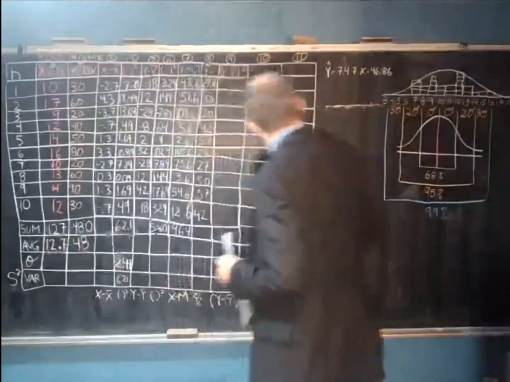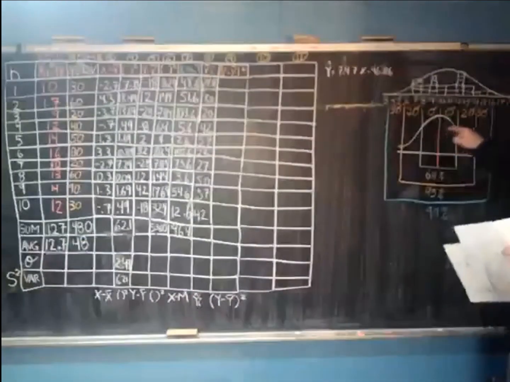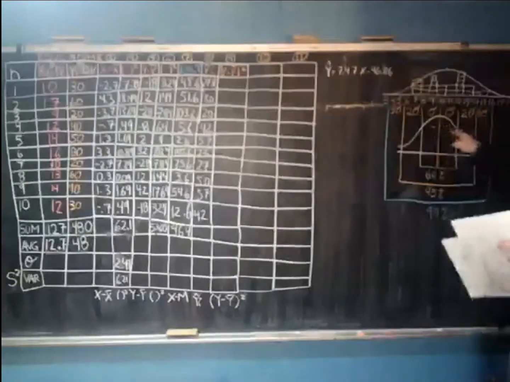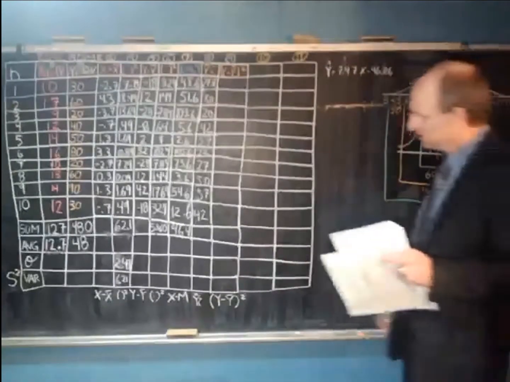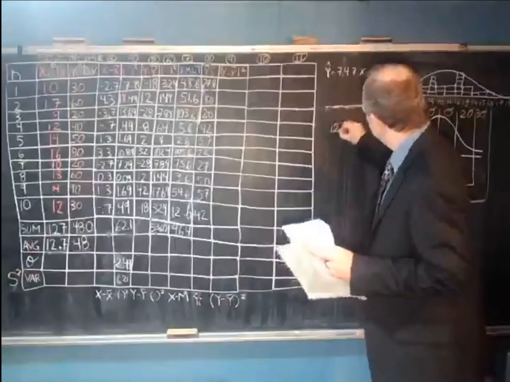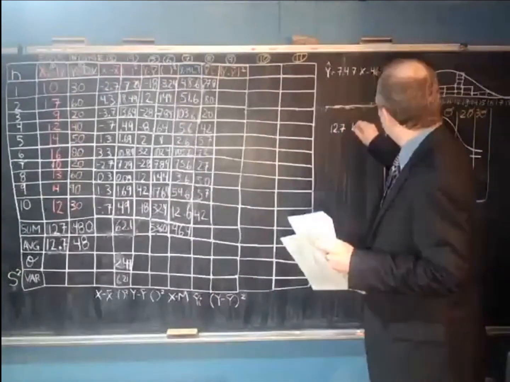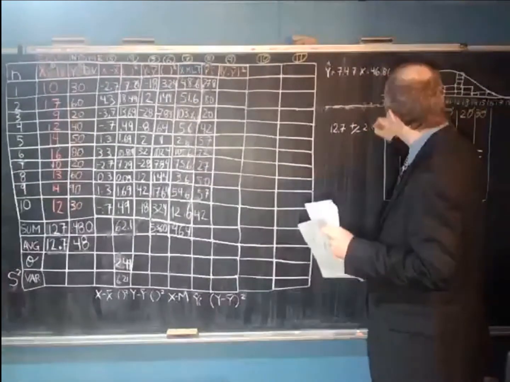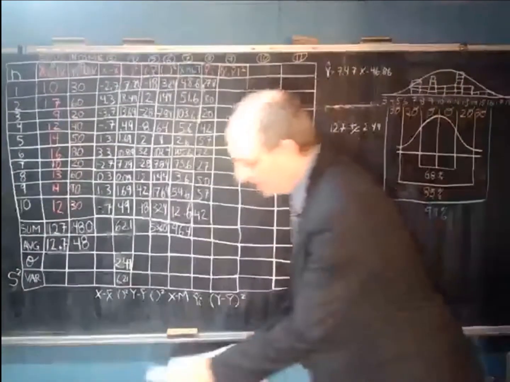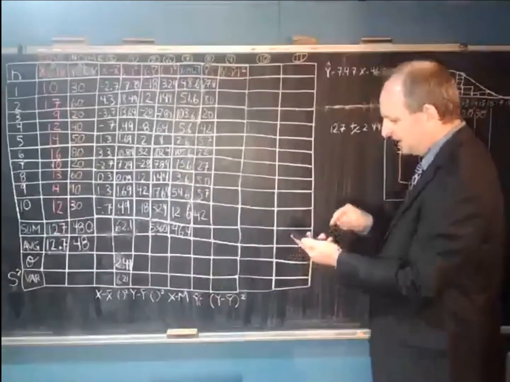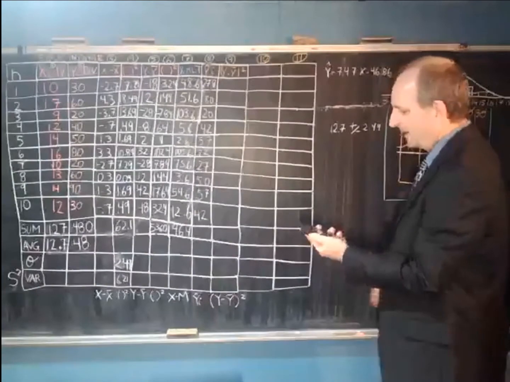So we know that the average time spent in school is 12.7 years, plus or minus 1 standard deviation. So it's going to be 12.7 plus or minus 2.49 years, our standard deviation. And we can calculate that with a calculator to get more precise. 12.7 minus 2.49 is going to be 10.2.